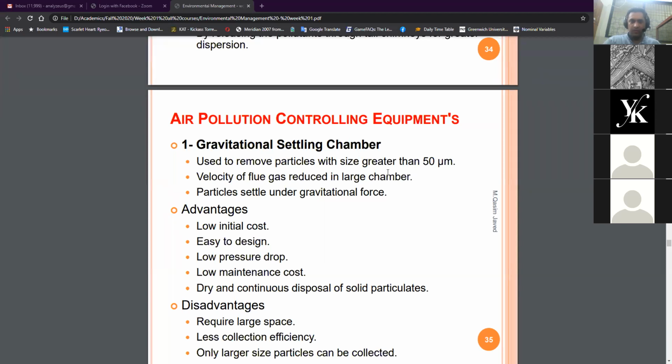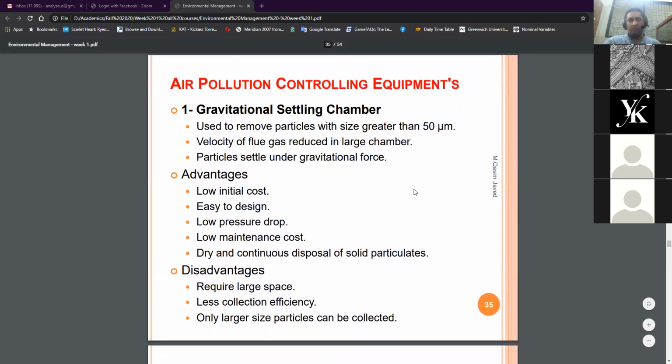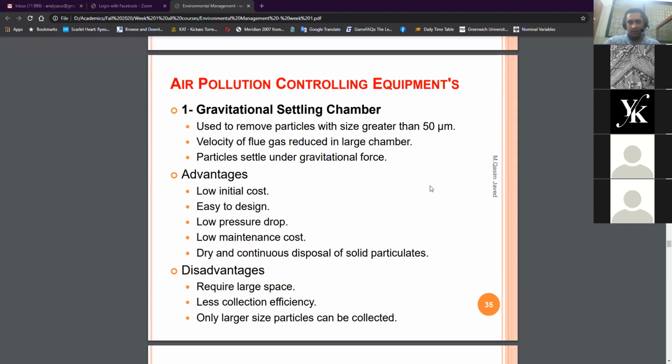So the gases which will be left will have a much lesser quantity of pollutants or toxins. Using this chamber, particles settle under gravitational forces. Because of gravitational force, a good number of particles settle down, and the remaining gases have a much lesser ratio of toxic elements.